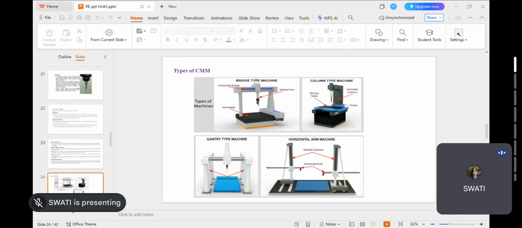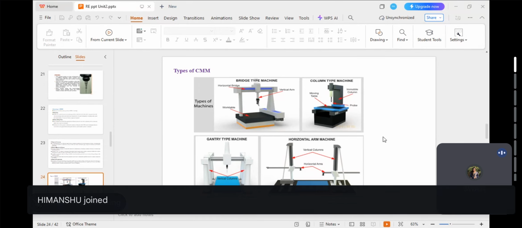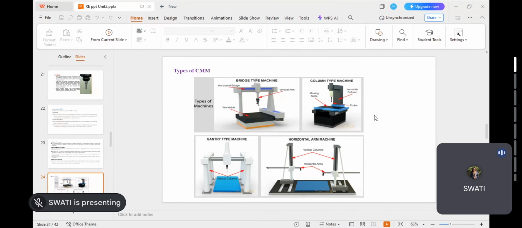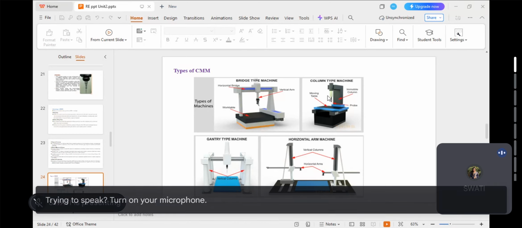That means you can easily place the component in between, okay, and then you can easily move the probe throughout the component and collect the data. The movement of the X, Y, and Z axes is also shown in the figure. You can see the component can be moved in the X and Y direction, and the probe can be moved in the Z direction as well as X and Y. So it is very easy to manage the probe throughout the component.